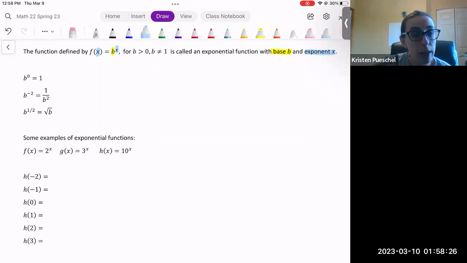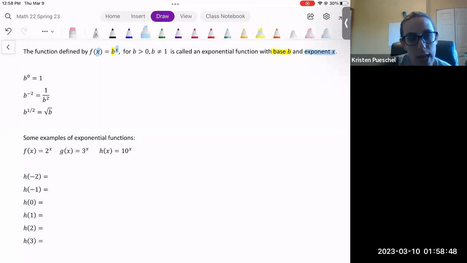So in this case, all of our inputs are going up into the exponent, and we will have a fixed base. A couple of notes about exponents. So b to the 0 is going to be equal to 1 for any b.